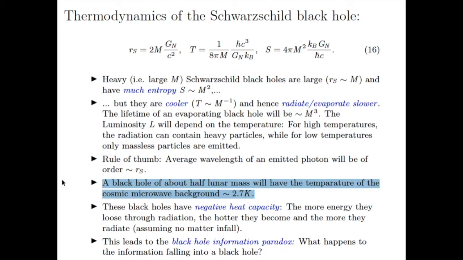Any black hole that is more massive than that, like all the astrophysical black holes known in the universe, is going to have a lower temperature than the cosmic microwave background. Orders of magnitude lower in the case of the stellar black holes, or even the supermassive black holes in the centers of galaxies.